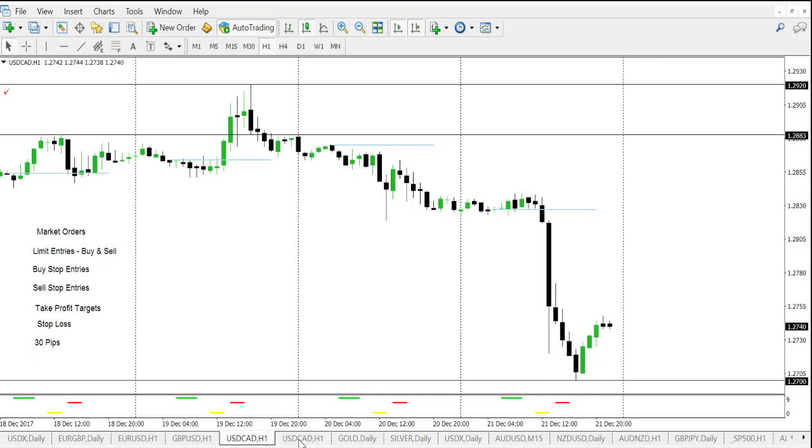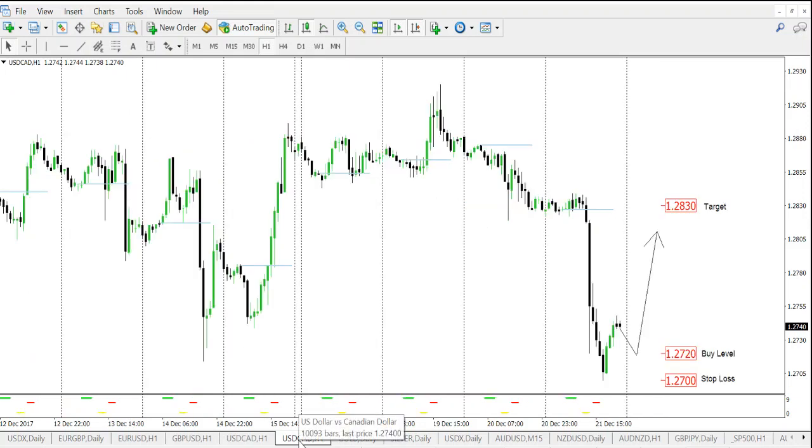So I'm just going to flip over to a chart that I already had set up here. Let's say that this is the US CAD, and let's say that we put a signal out on the US CAD. In this case, we're going to look for a long signal. So we're going to look for an entry at 127.20, which is my buy level. We're going to put a target up of 128.30, which is 110 pips profit, and we're going to put a stop loss of 20 pips in here at 127.00.